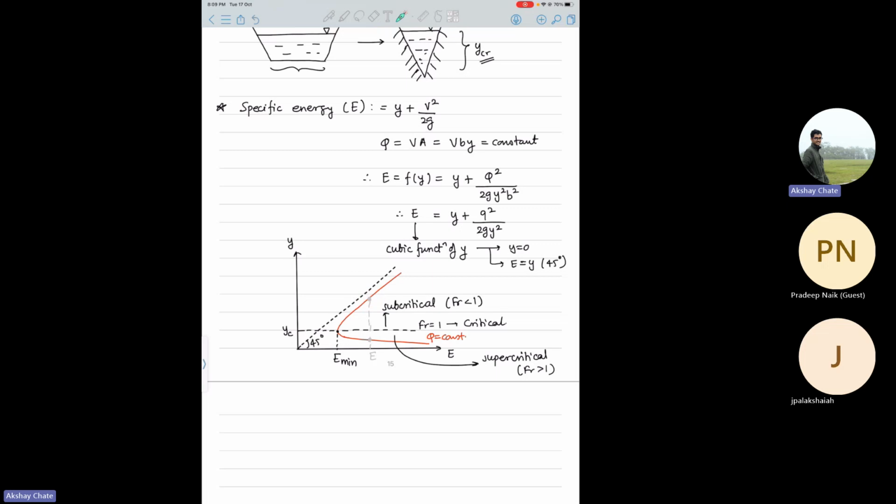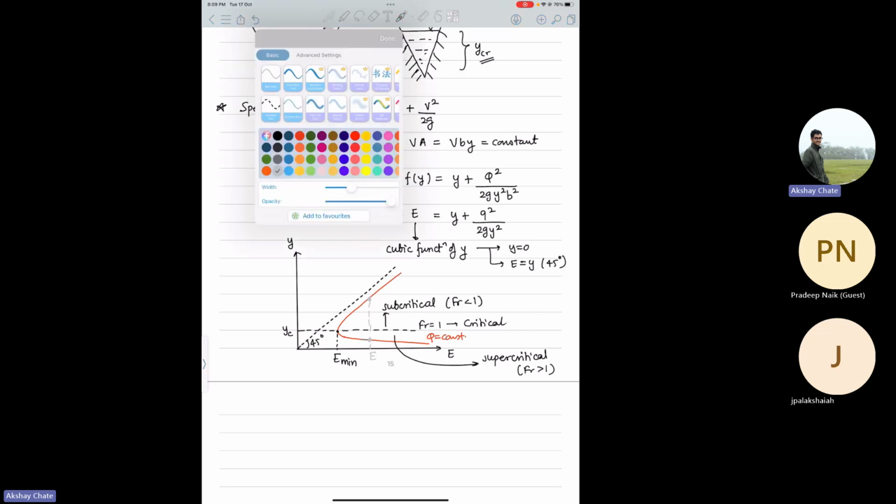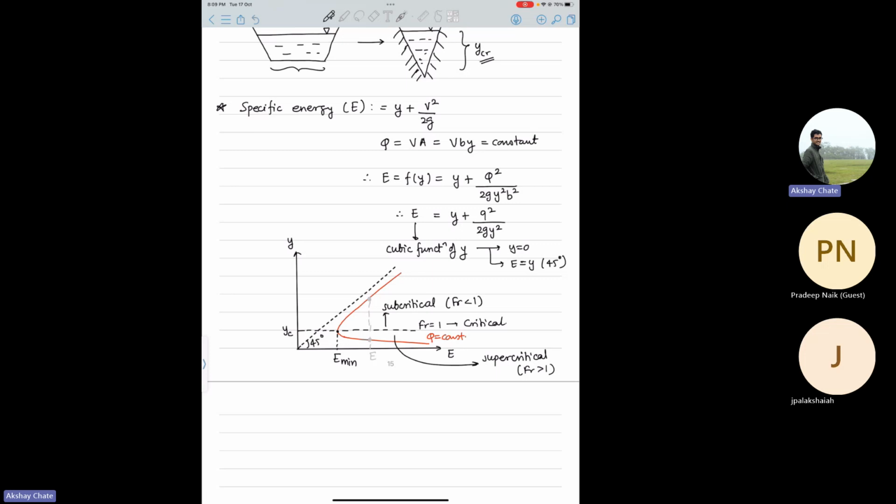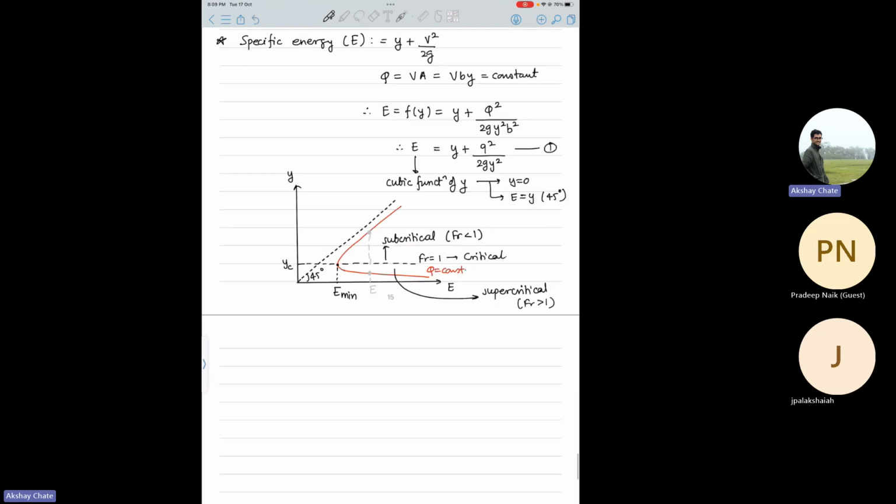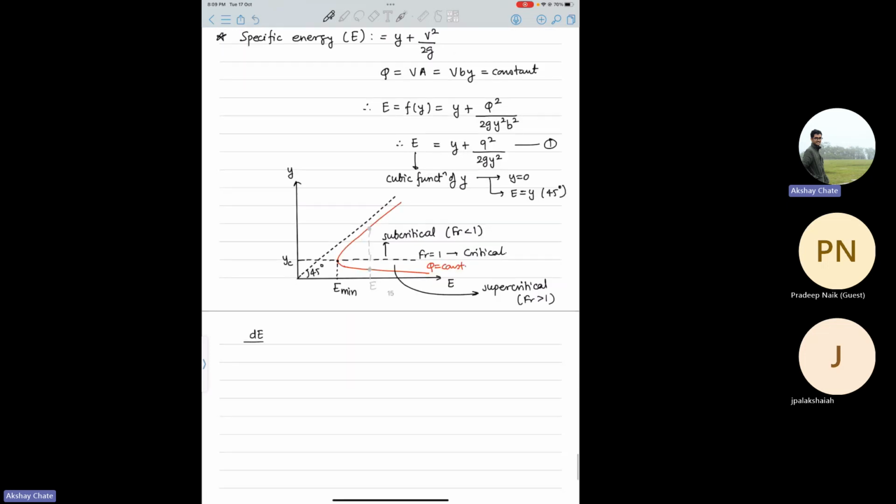Yeah, and again they find the minima of this expression. This expression we have, right? So what they do, they take d by dy and equate it to 0.